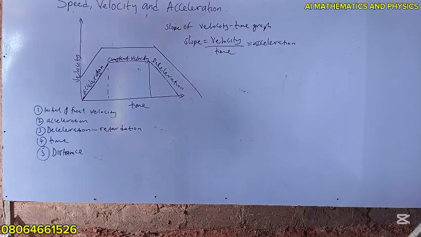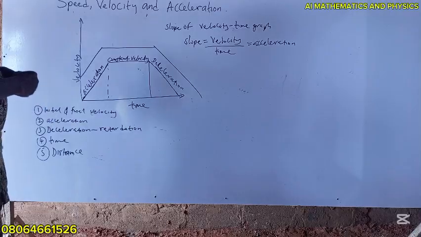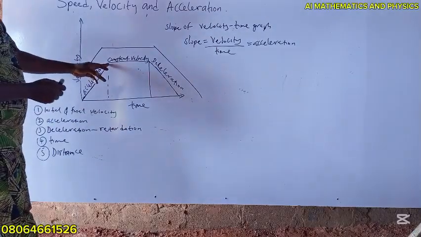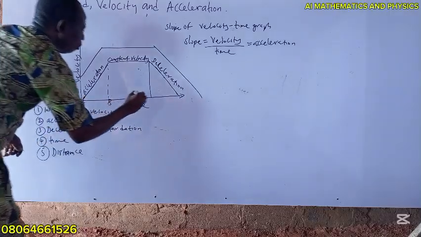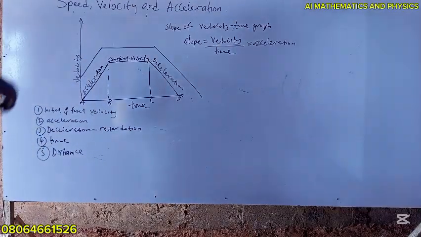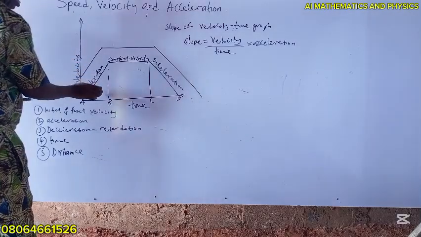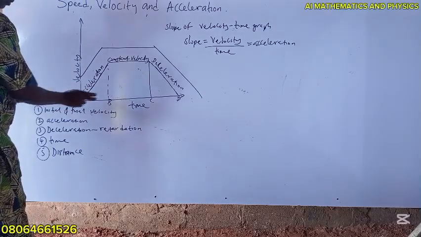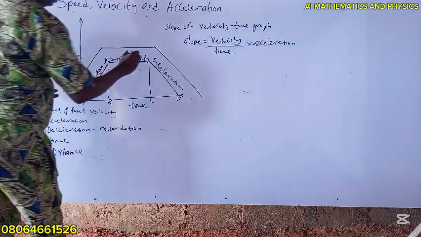So distance here and here, we can find using the area of the shape. You can see here where we have distance from this point. Let's say this is point A, point B, point C, point D. Distance, you have to understand very well. To find the distance, you apply the area of the given shape you are using.